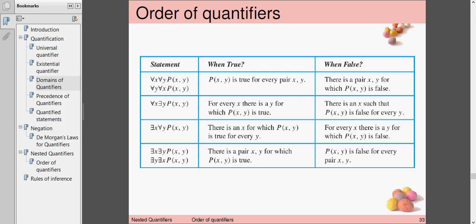So we need to clarify and be careful when we read and understand the meaning correctly, because maybe there will be correct and false questions. There is an X such that B is false for every Y, and usually we use them for proof.